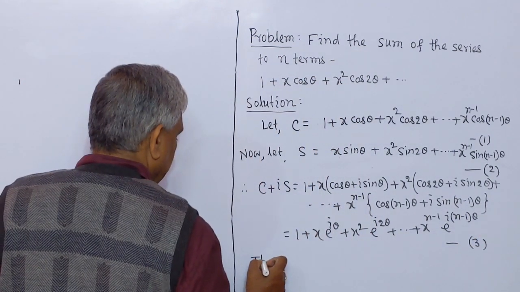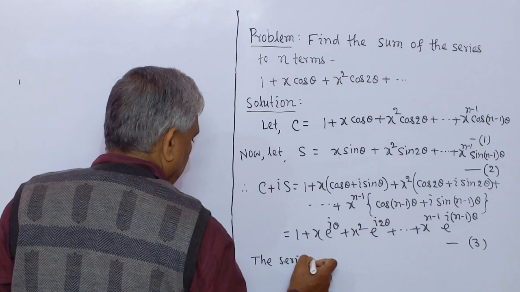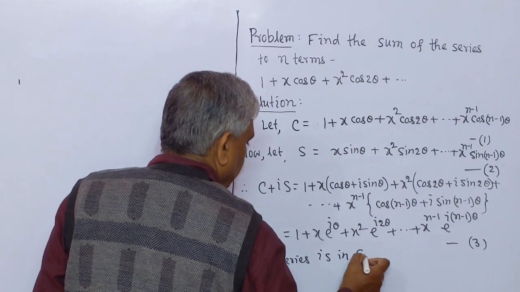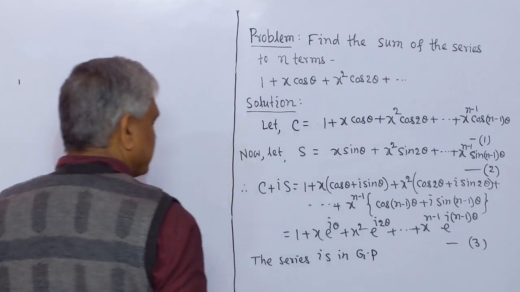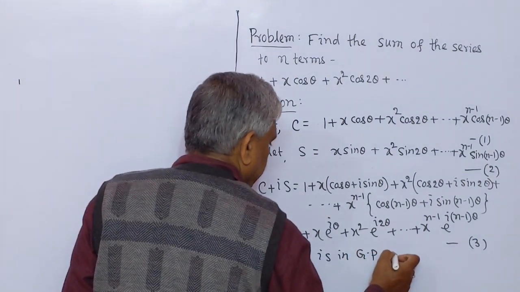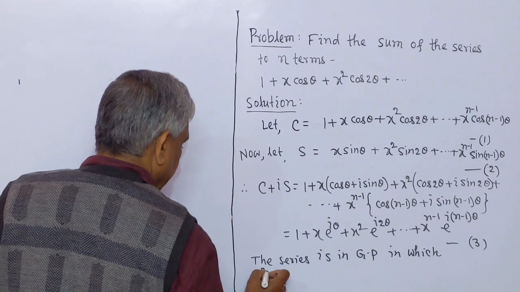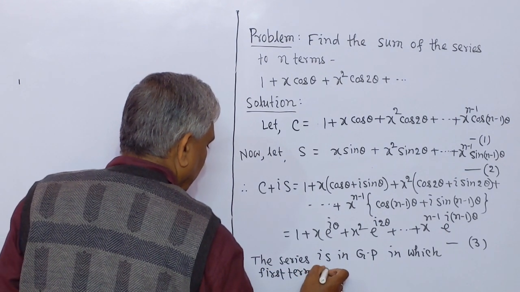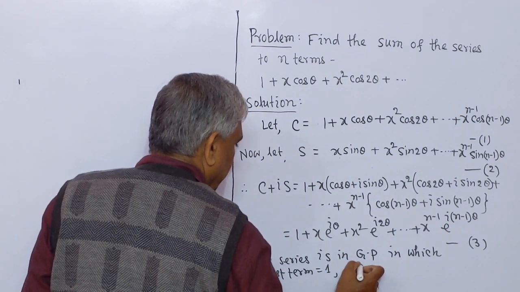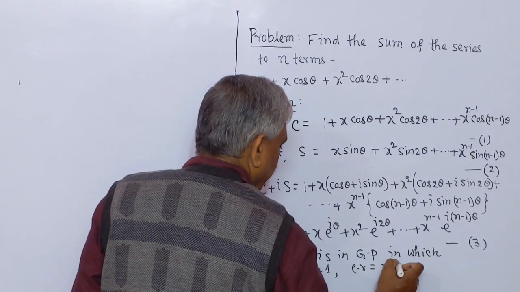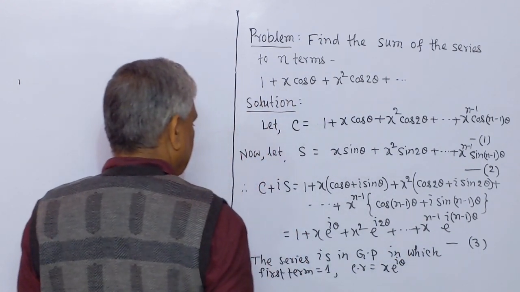The series is in GP, geometrical progression, in which first term equals 1 and common ratio equals x e to the power i theta.